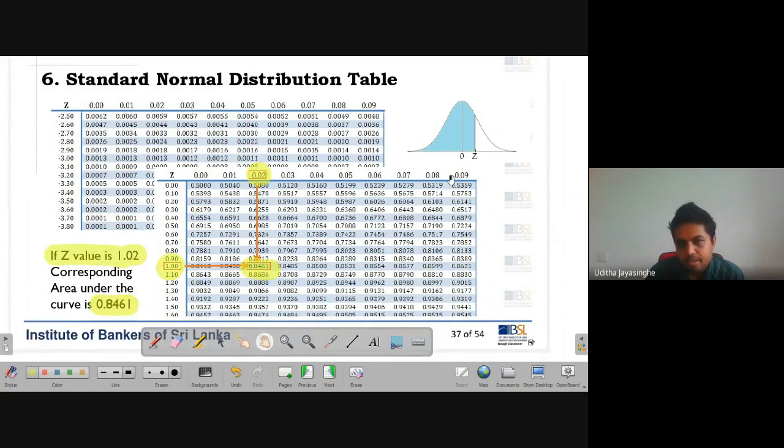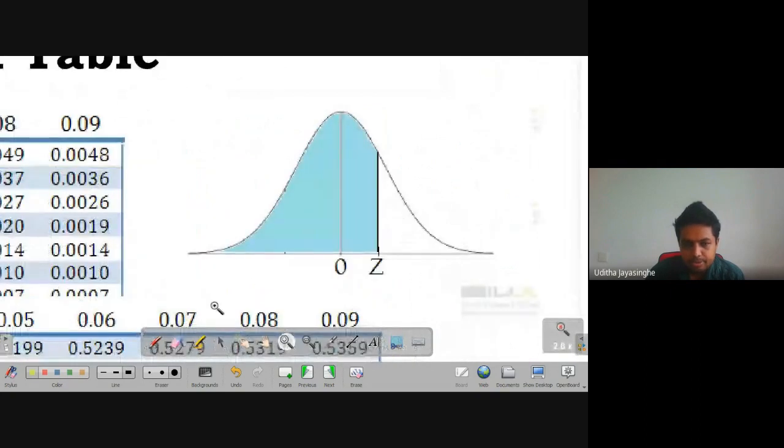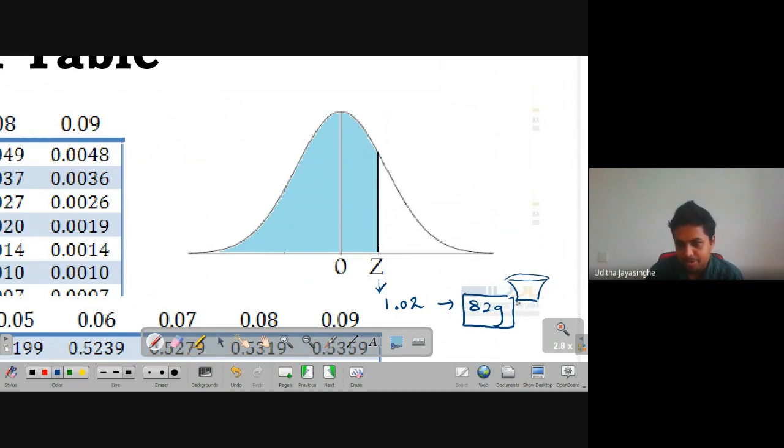Now, what's this area under the curve? If you look at a table like this, for this particular value, you have got the Z value as 1.02. But that value could be something like 82 grams in our yogurt cup example. You know your x bar and your standard deviation, and by using those you have come to this position.